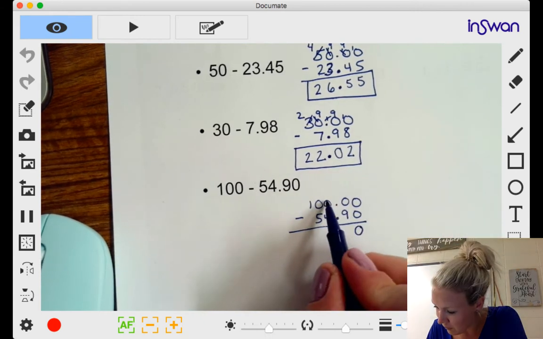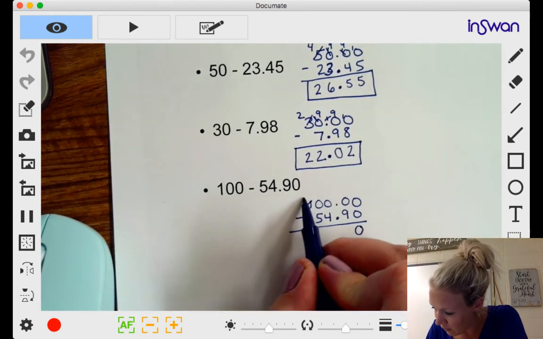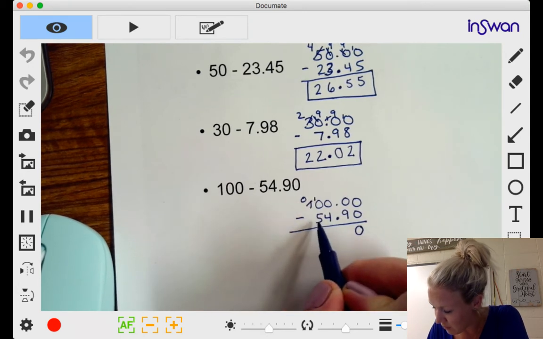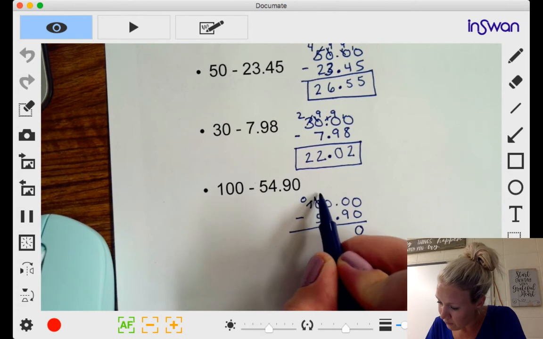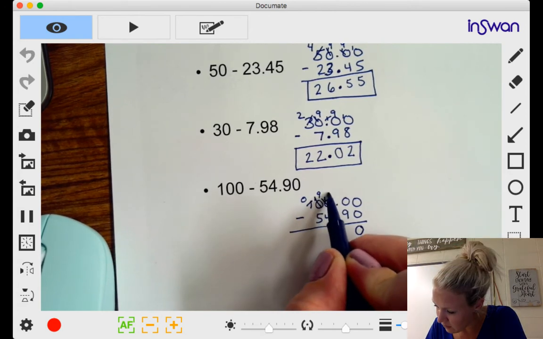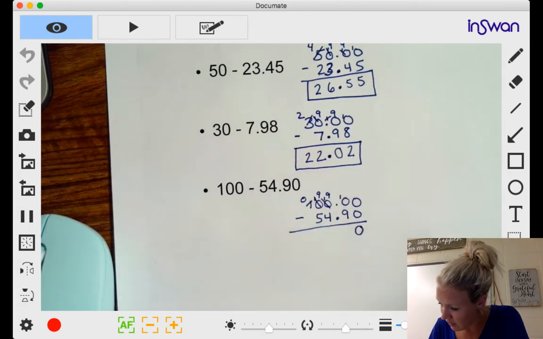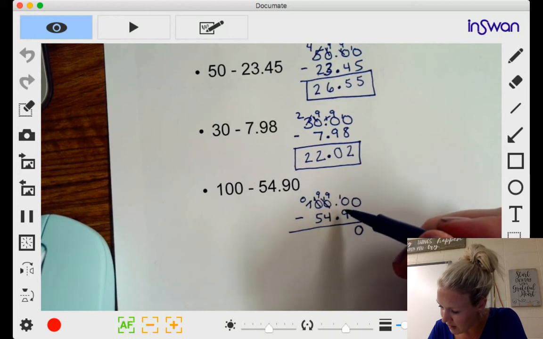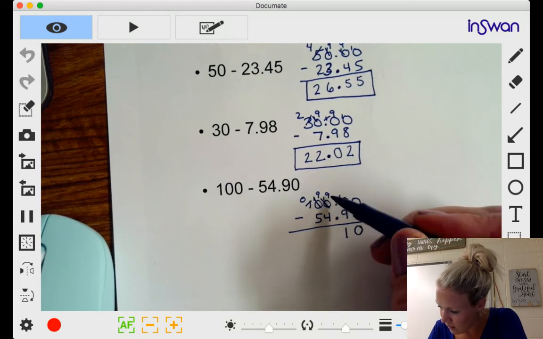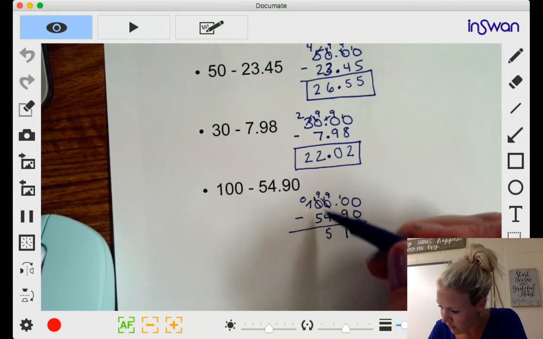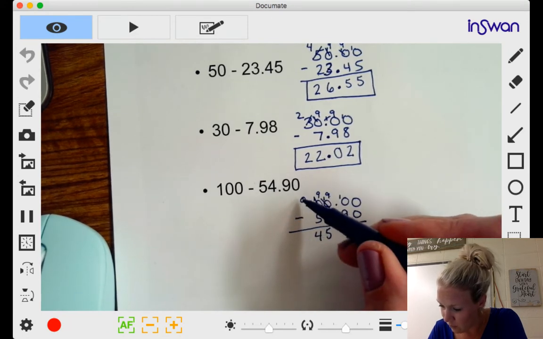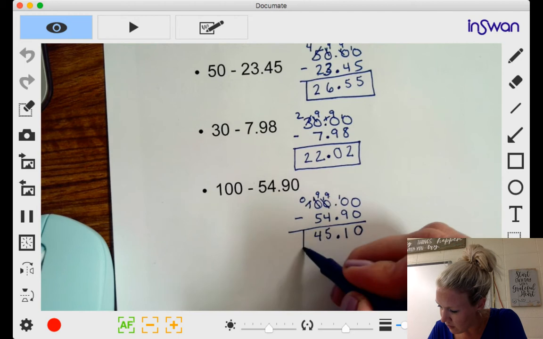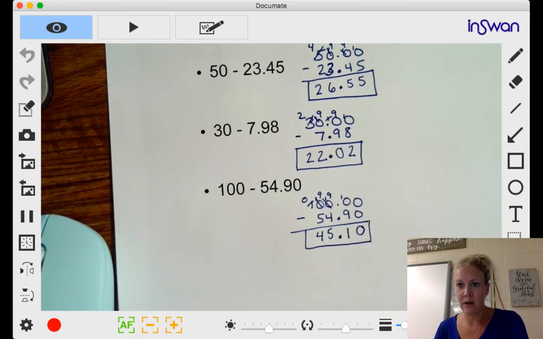So I have to work my way over till I have a value to borrow from, and I'm going to take that 1 away and make it 10 in my tens digit. Borrow from there, 10 in my ones digit, borrow from there, and make that one. Now I can work it out. 10 take away 9, 1. 9 take away 4, 5. 9 take away 5 is 4, and that 1 went away when I borrowed. Drop my decimal. There we go.